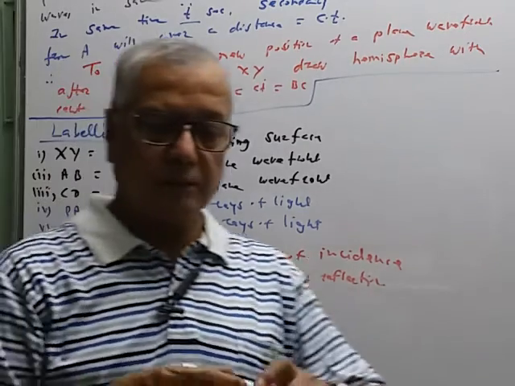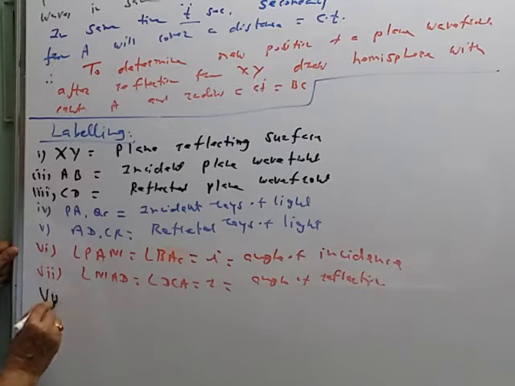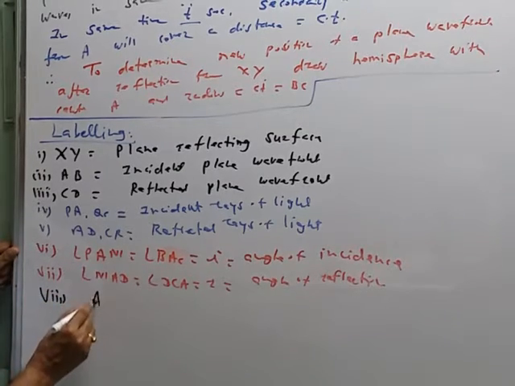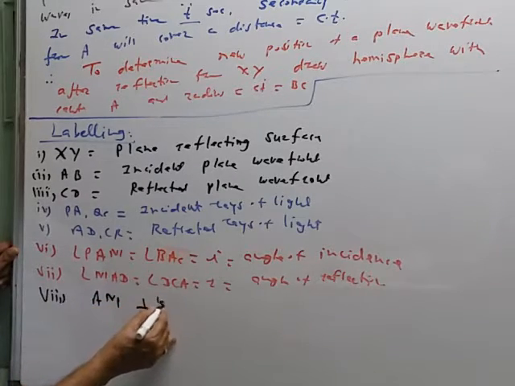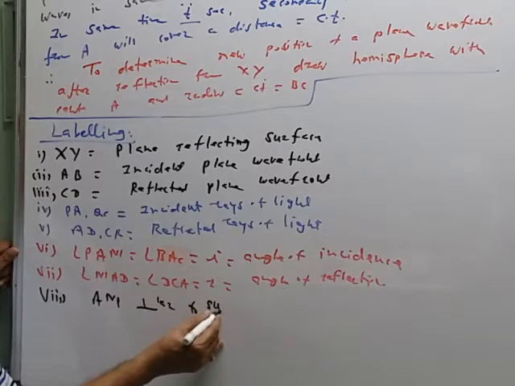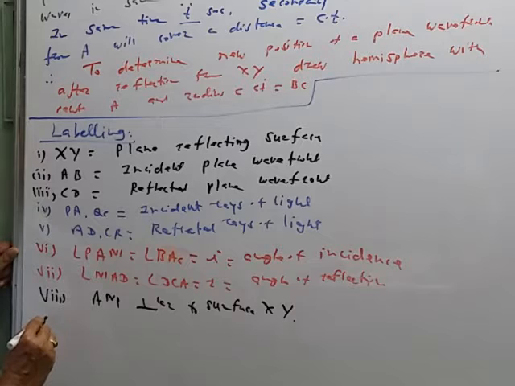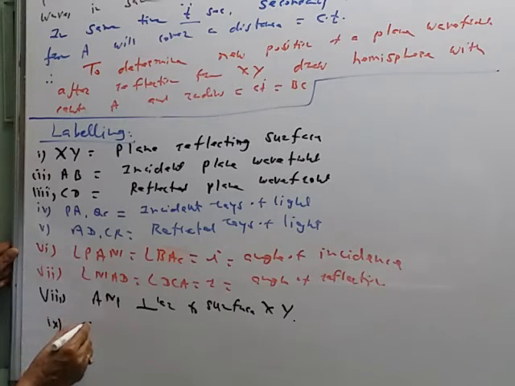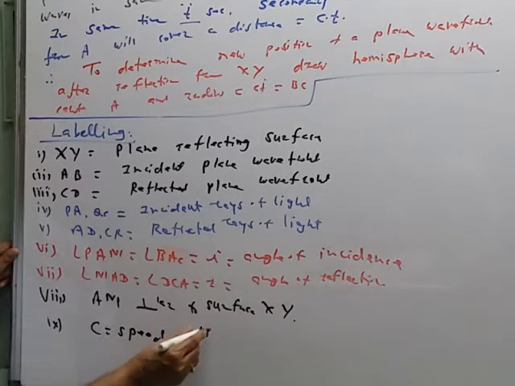Angle of reflection. AM is perpendicular to the surface XY, and last point is C is equal to speed of light in air.